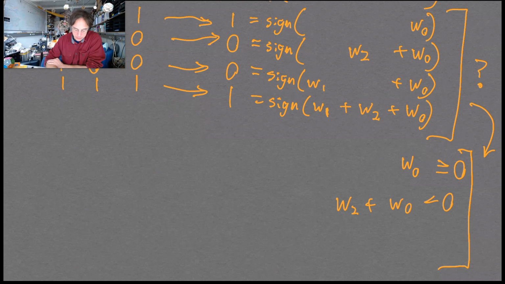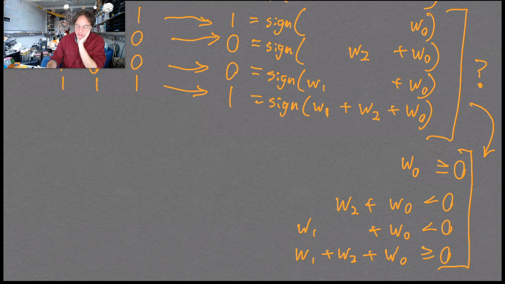And the next one also has to be negative. W1 plus W0 has to be negative. And then finally, the last one has to be positive, or 0. Okay, so now we have some inequalities.